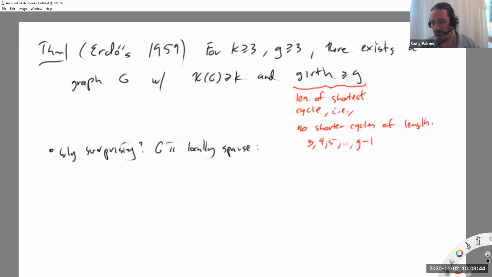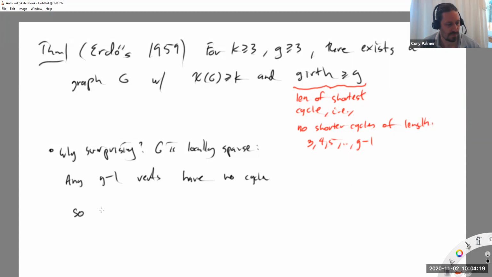If I zoom in on this graph and look at any g minus 1 vertices, there's no cycle among g minus 1 vertices, right? So if g minus 1 is a trillion, and I grab a trillion vertices, I don't see a cycle among those trillion vertices. So any g minus 1 vertices are only spanned by a forest or a tree.